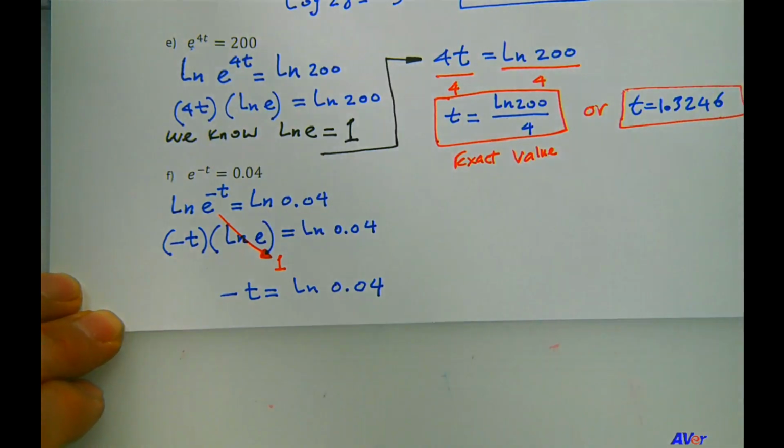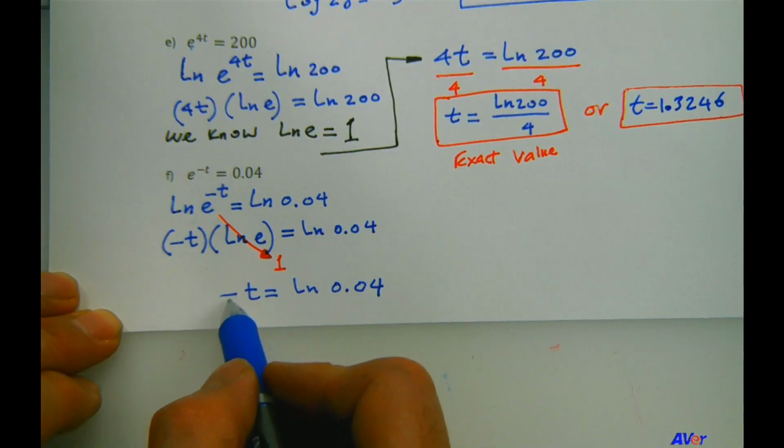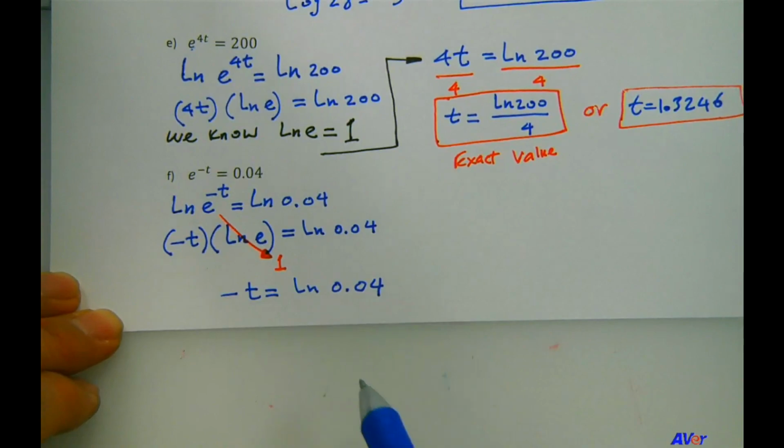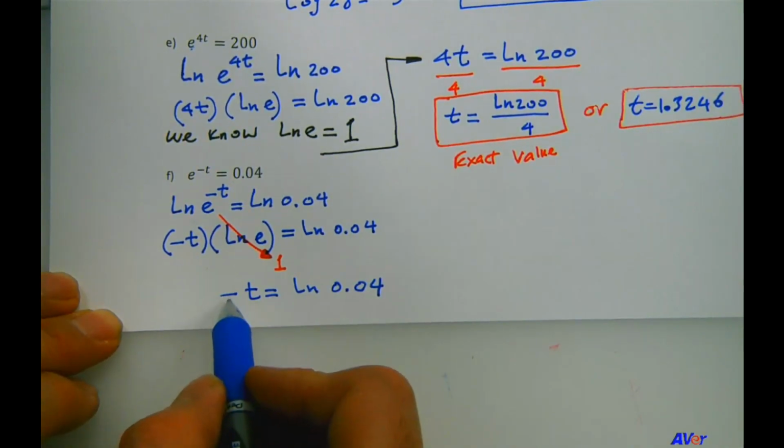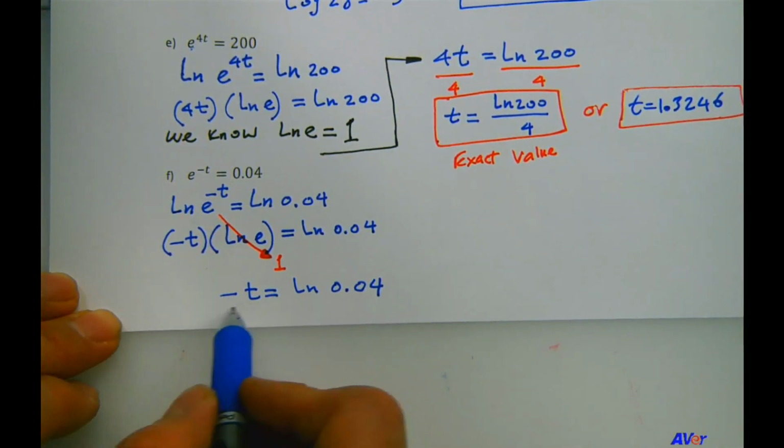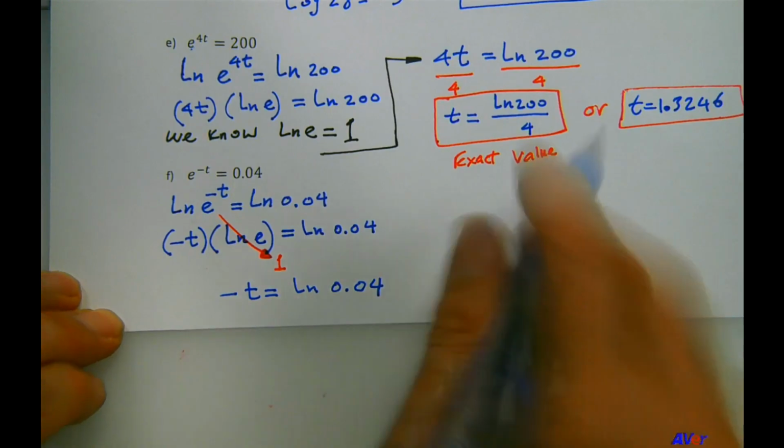Is t isolated? Is it? No. It's got a minus right in front of it, right? So it's not isolated. So how do we get rid of this minus? We multiply both sides by a minus 1.